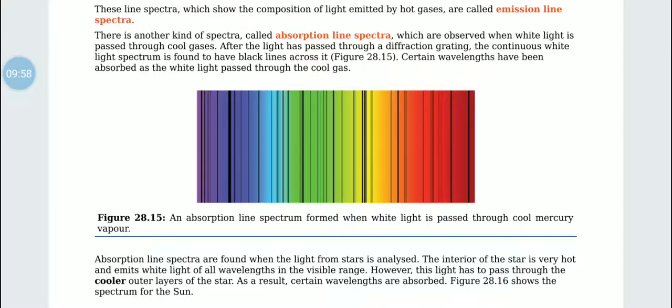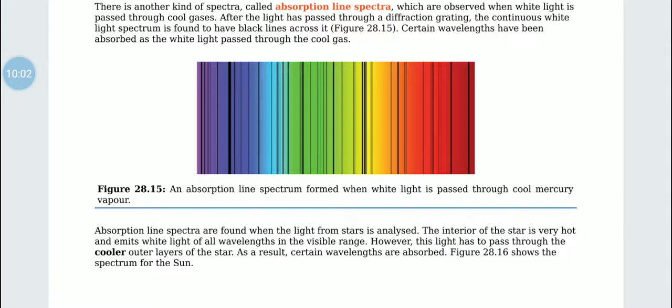This is because certain wavelengths are absorbed by the cool gas when passing through it. The resulting spectra is known as absorption line spectra.